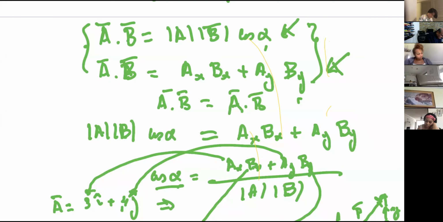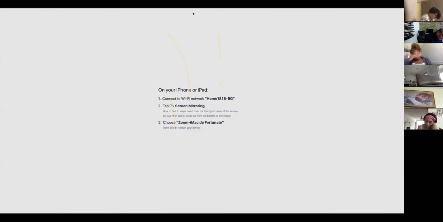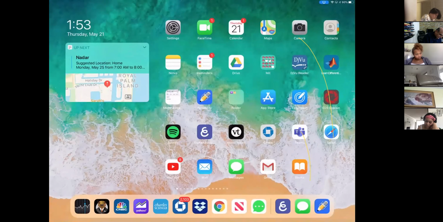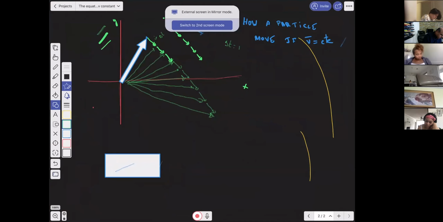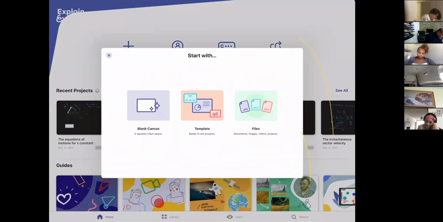We still can't see the new screen, Professor. Oh, sorry. Let me put it up again. I don't know why the system disconnects my screen all the time. Now you can see it, I think. You can see it now, right? Yes. Okay. Let me start here.